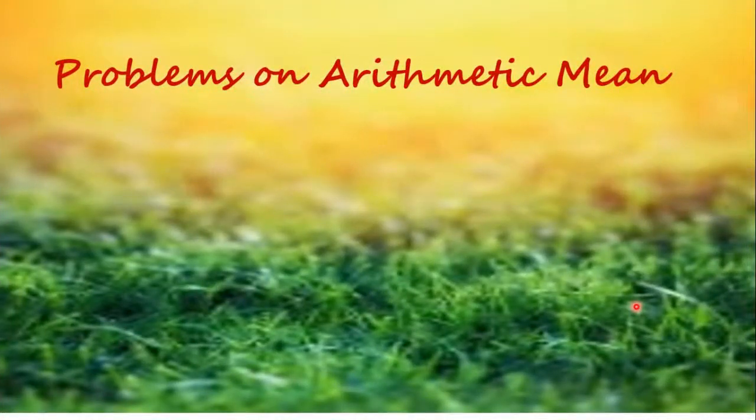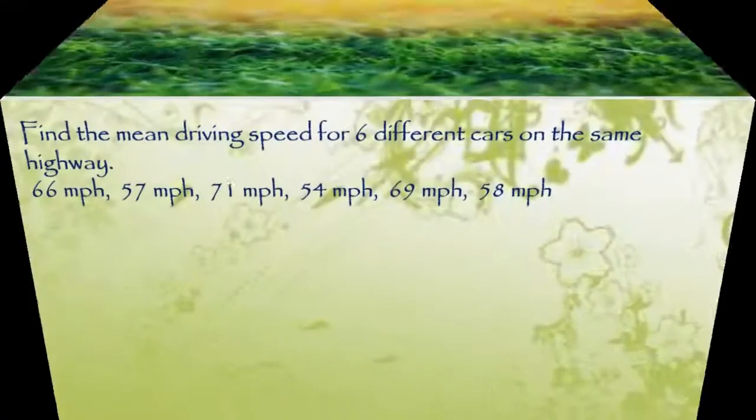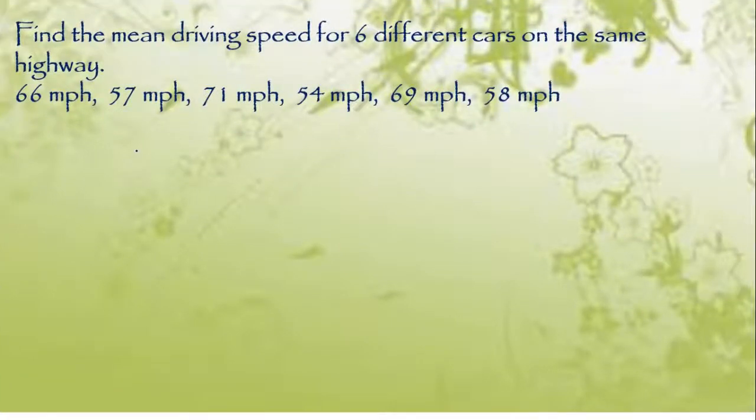Dear students, we will be doing some questions from arithmetic mean. These are not taken from the textbook. Please write the questions, understand the explanation from the video and try to do them on your own. Find the mean driving speed for 6 different cars on the same highway.